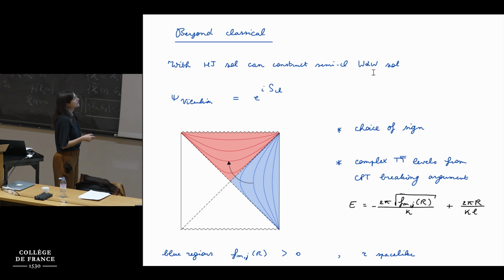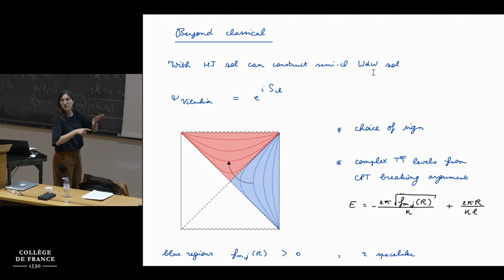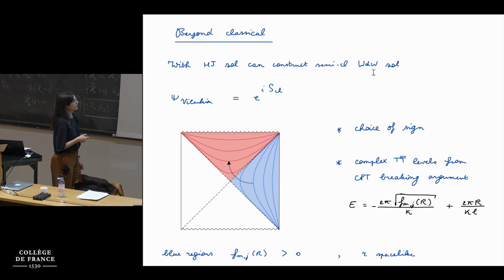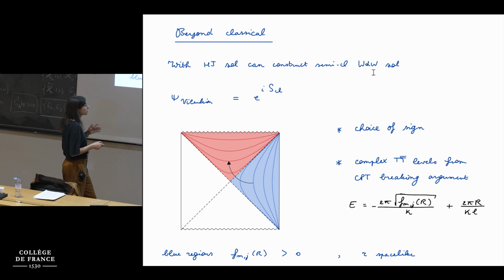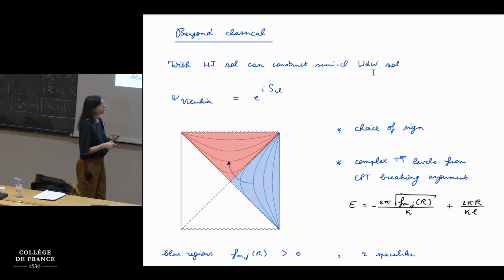So with this choice of sign in the exponent of our solution, we've chosen a direction of evolution beyond the horizon. And because there's two options, it means that we've broken time reversal symmetry at this stage. And so you've broken CPT symmetry.